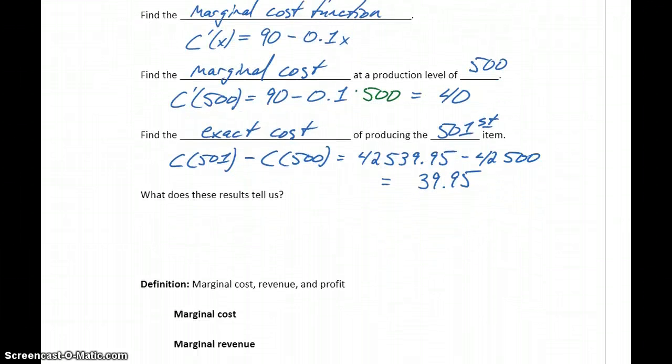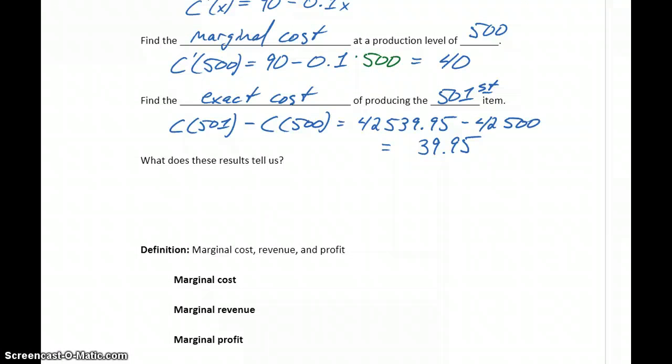So the question is, what do these two results tell us? So we came up with a marginal cost of $40 and the exact cost of $39.95.